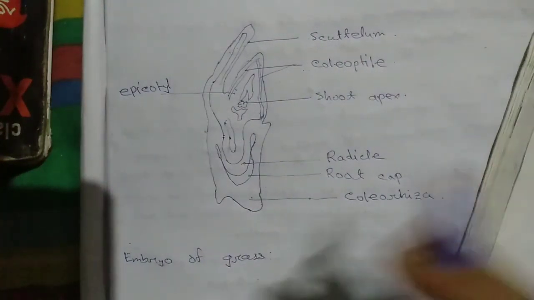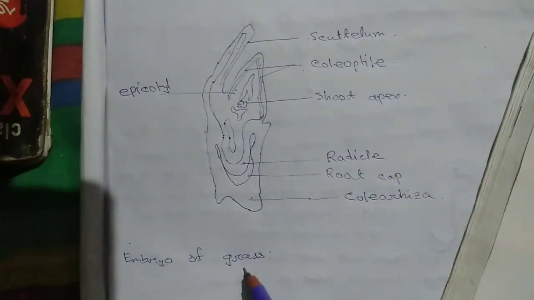So what do we get? The embryo of a grass.